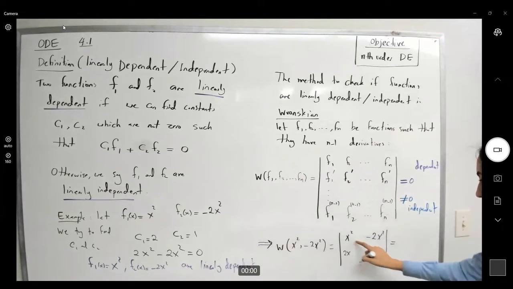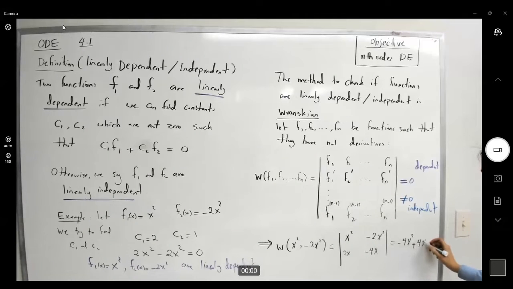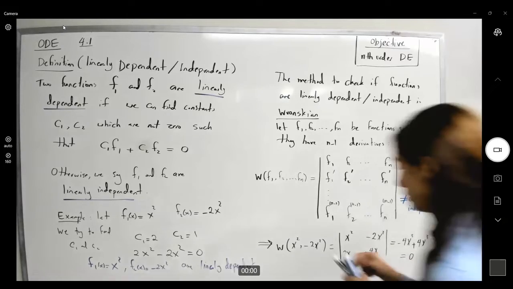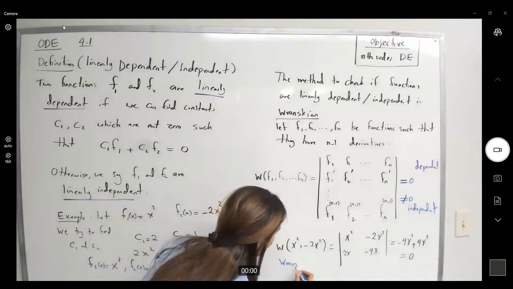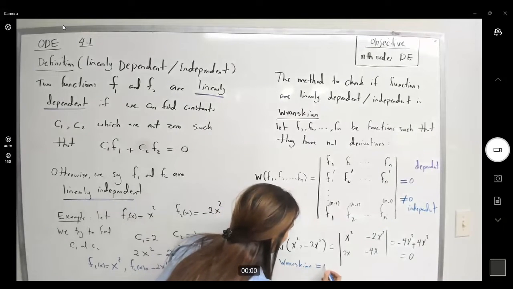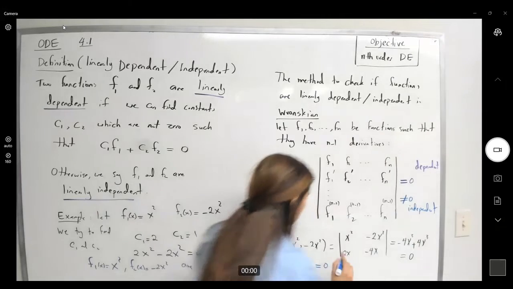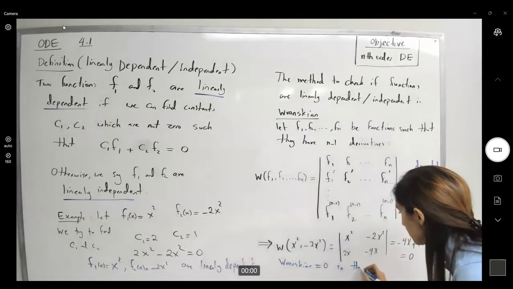This becomes negative 4x cubed plus 4x cubed, which is equal to 0, so they are dependent. Wronskian is 0. So they are dependent.